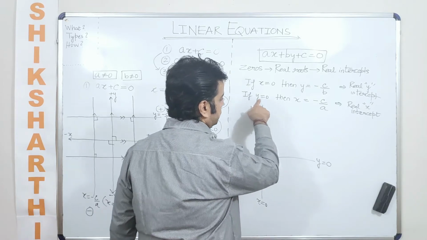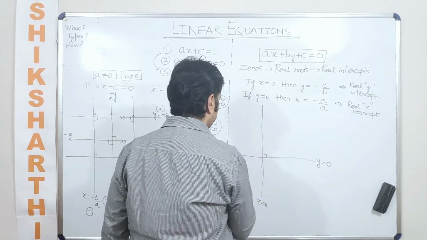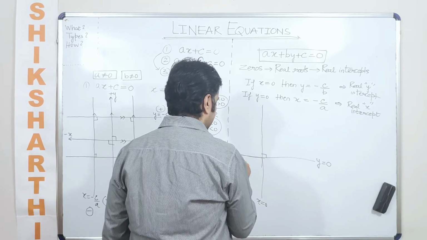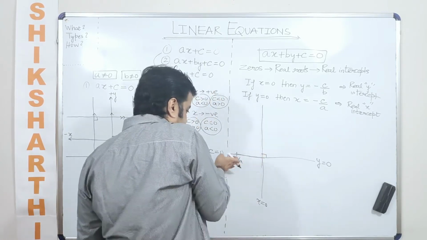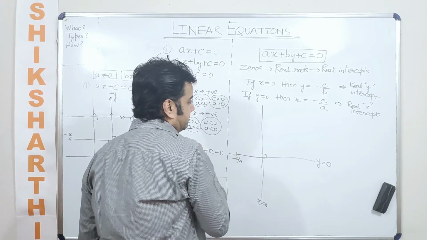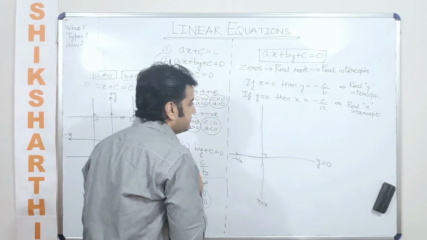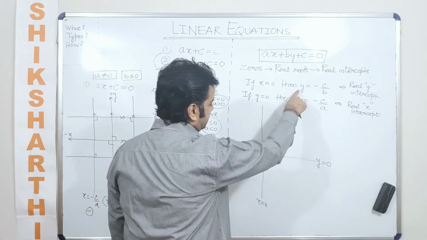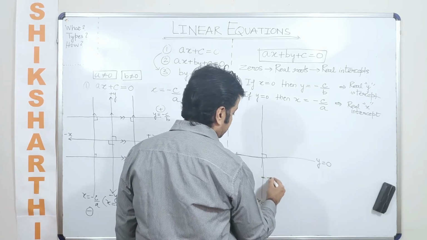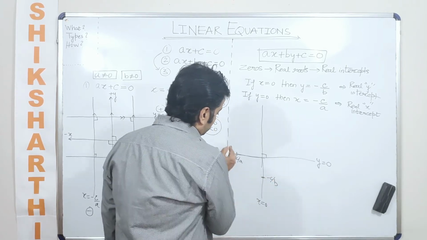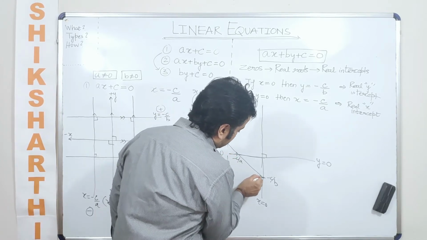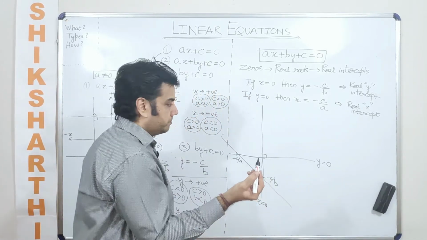So when y is equal to 0, you are getting the value of x as minus c by a. Now plotting it in the real sense. In the real sense means, here I know that x has to be negative on this side. This will be negative only when c and a have the same sign. Okay. And then you are getting the value of y as minus c by b. Let's say you are getting the value of y here as minus c by b. You join these 2 points with the help of a straight line, and this is the line that you get.